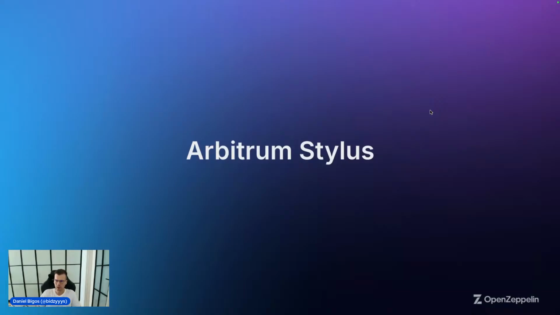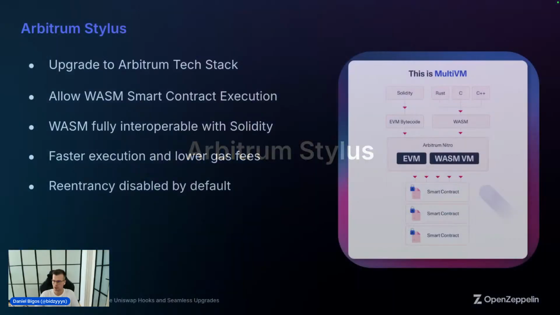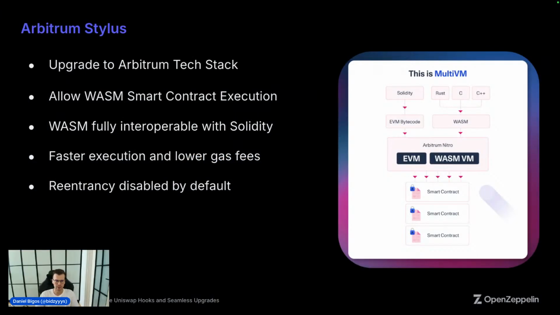So before we start talking about the deep tech, let's start with a simple question to be on the same page. And the question is, what is Arbitrum Stylus? Arbitrum Stylus is an upgrade to the Arbitrum technology stack that brings an additional virtual machine to Arbitrum chains.